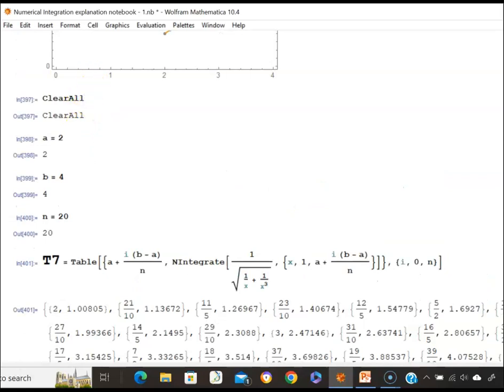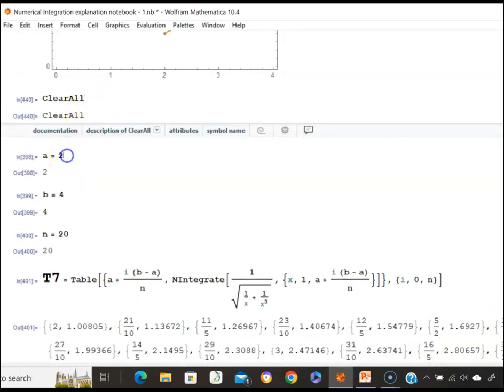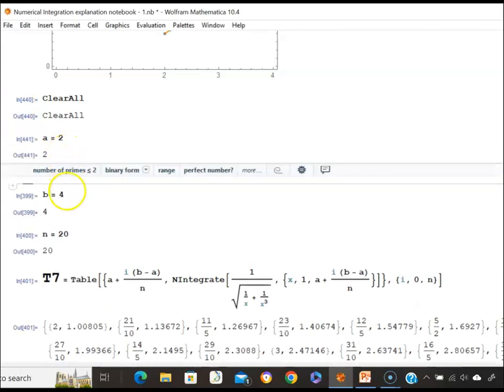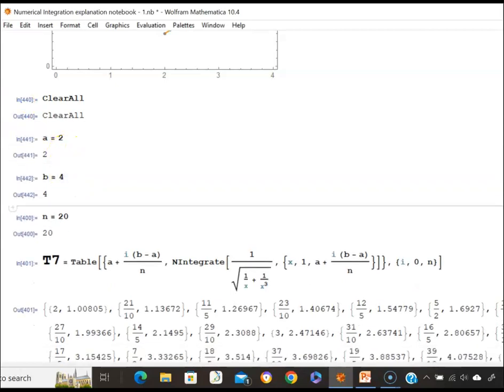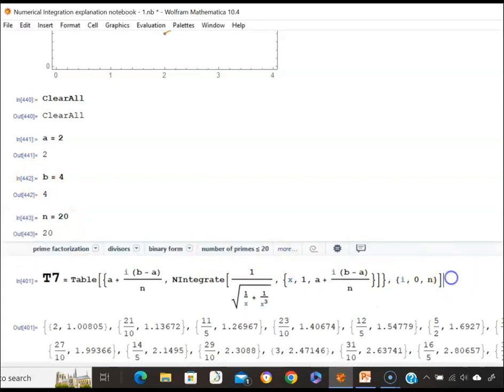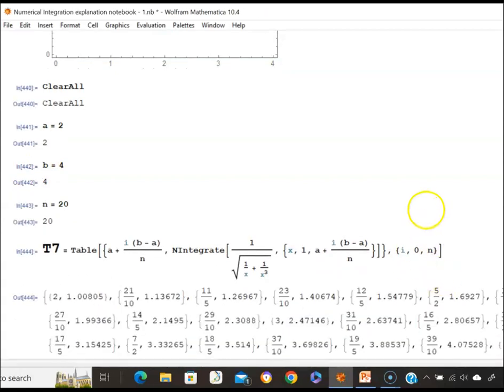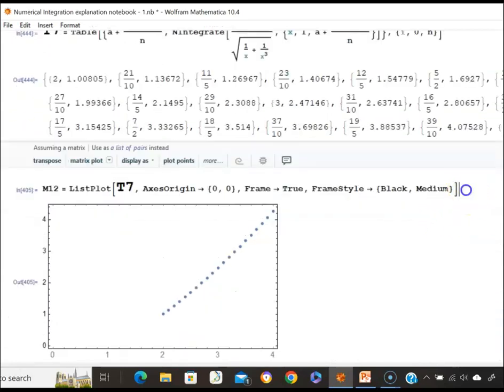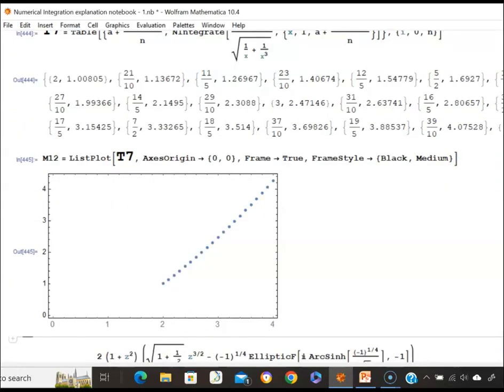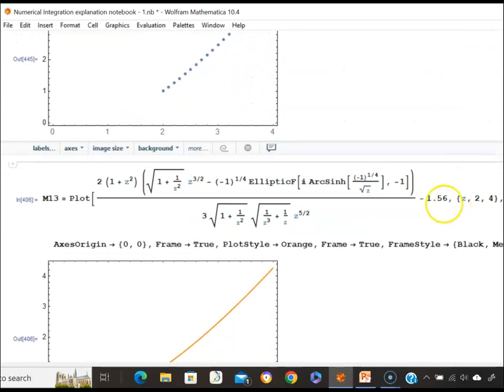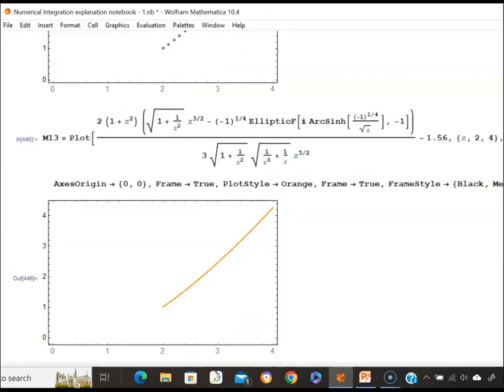In this particular case, numerical solution, a equals 2, b equals 4, n equals 20. Here's our table. Happy with that. When we plot that, we get this. Luckily enough, I was able to plot the analytic solution, so let's go.